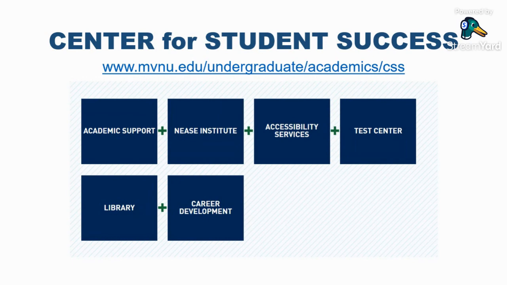If you have an IEP or 504 in high school, you can receive some kind of accommodations here at MVNU, and you would need to reach out to them for help if you need help. We have career development. If you don't know what you want to be or what you want to do after graduation and you want some help with that, you can arrange to get some help. All of these things are available for free, and you can check out their website for more information if you are interested in any of those services.